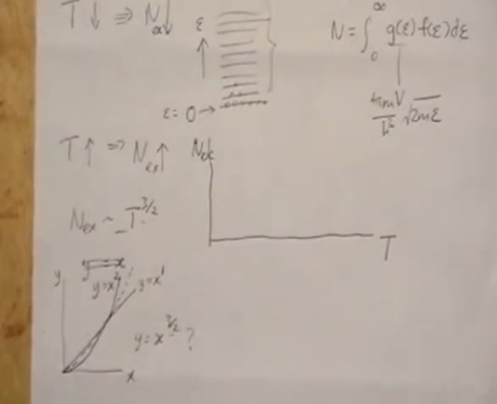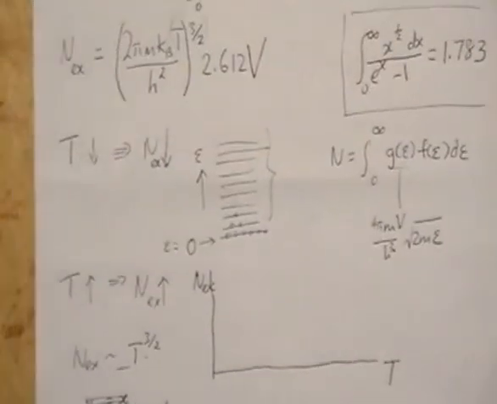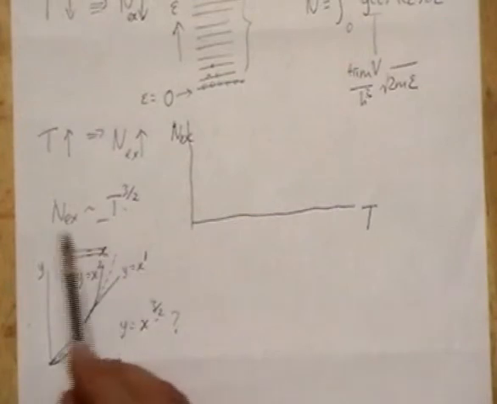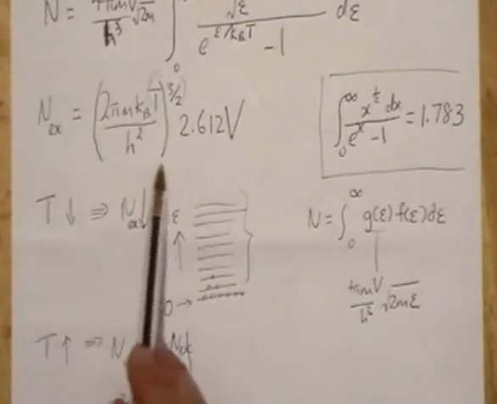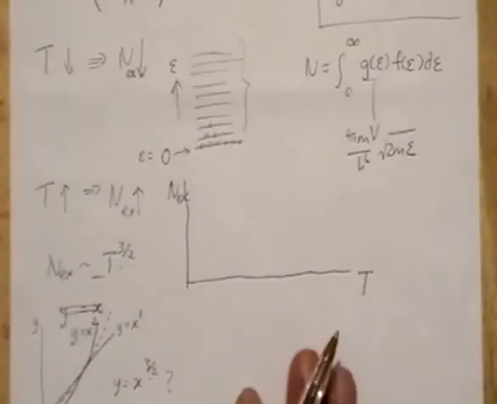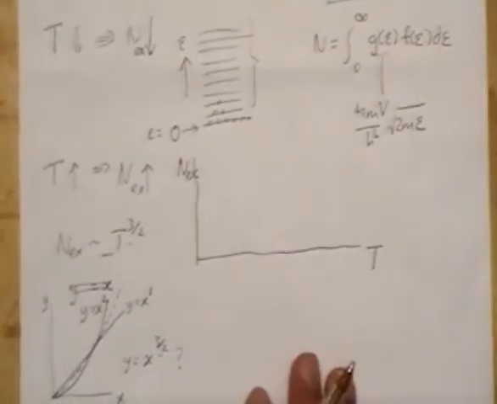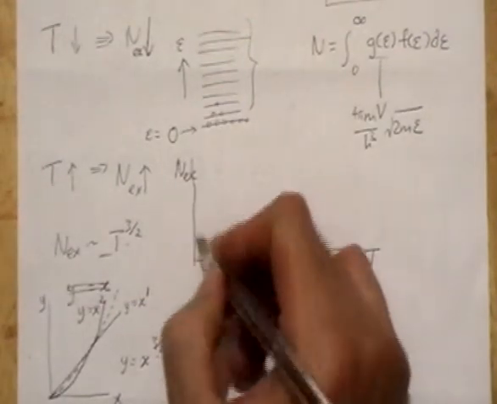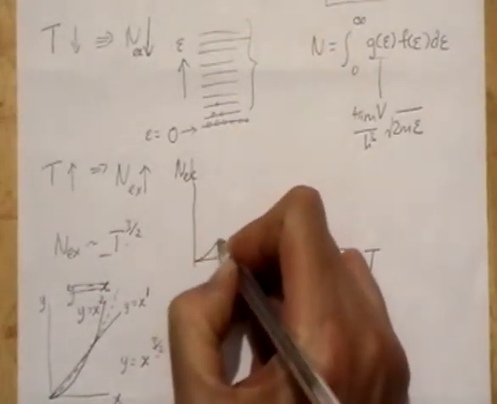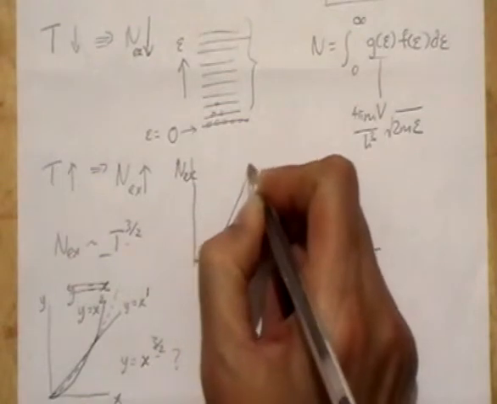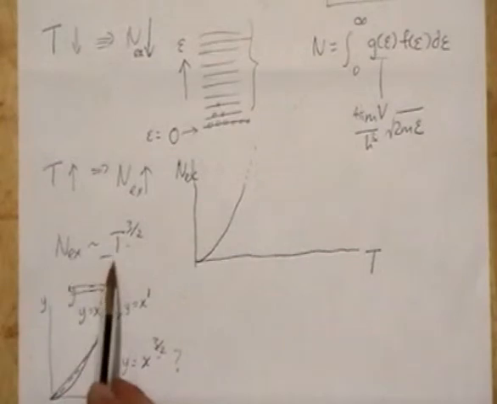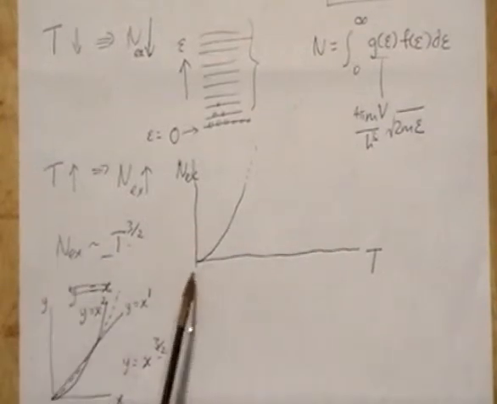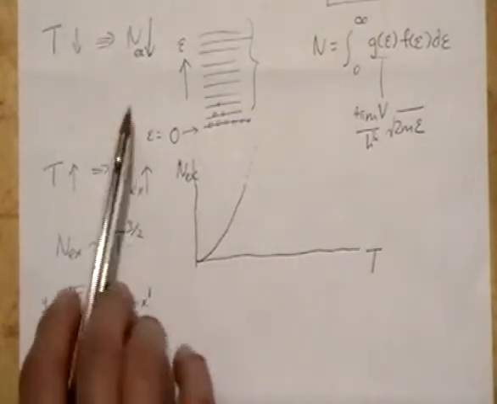So that's what we are looking at, and this tells us the shape of the curve for this equation. So let's sketch that. It is a slight curve upwards. So that means that as T increases, NEX, the number of excited particles, would go up.